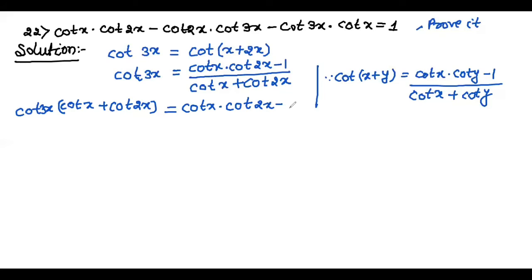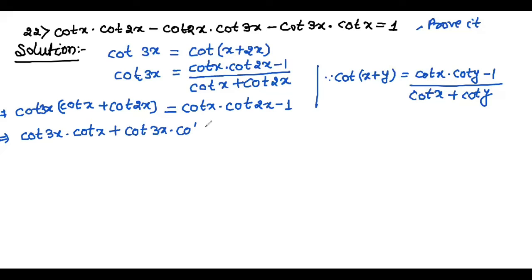Now we'll rearrange the terms according to the proof, means left hand side and right hand side. So here we are getting cot 3x into cot x plus cot 3x into cot 2x.